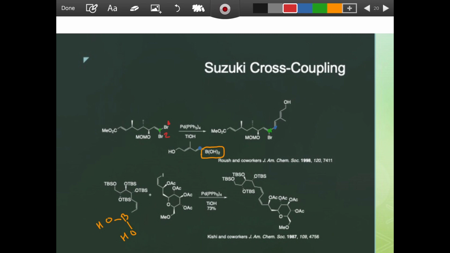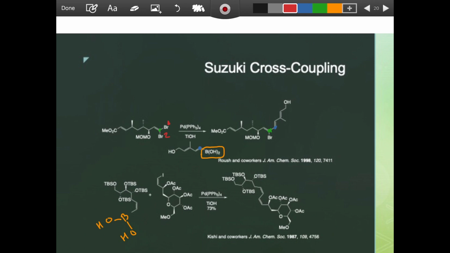What's different about them is their steric environment. Bromine 1 is trans to the rest of the chain. You look at the double bond, bromine 1 is as far away from the rest of the chain as it can possibly be, where bromine 2 is cis to the rest of the chain.